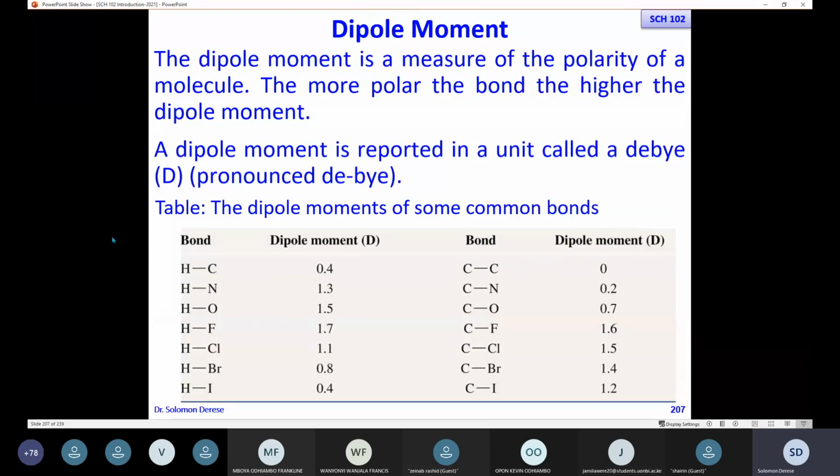So now let's look at these chemical bonds: hydrogen and carbon, hydrogen and nitrogen, hydrogen and oxygen, hydrogen and fluorine. We have fixed the hydrogen, then we are changing the element to which the hydrogen is bonded in a predictable way, from carbon to nitrogen to oxygen and fluorine.